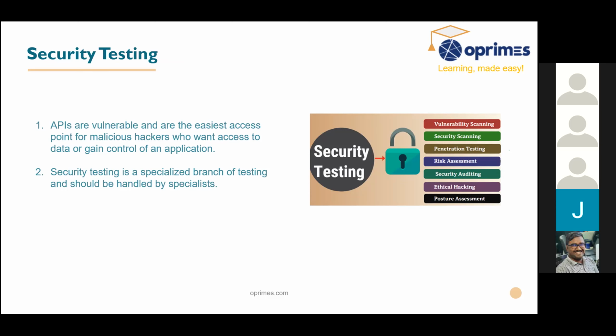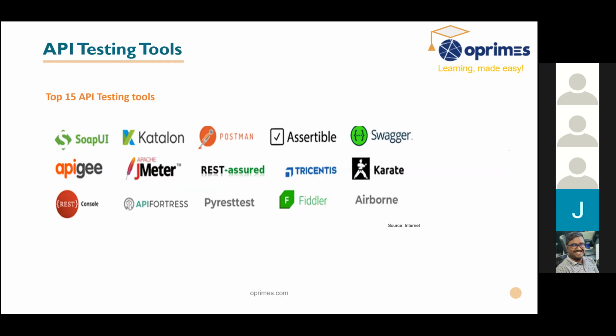No. Cool. There are so many tools available for API testing in the market. I have just added only the top 15 API tools, which are most frequently used. SOAP UI is a tool which is used specifically for SOAP APIs and web services. And Katalon supports both UI automation and API automation.